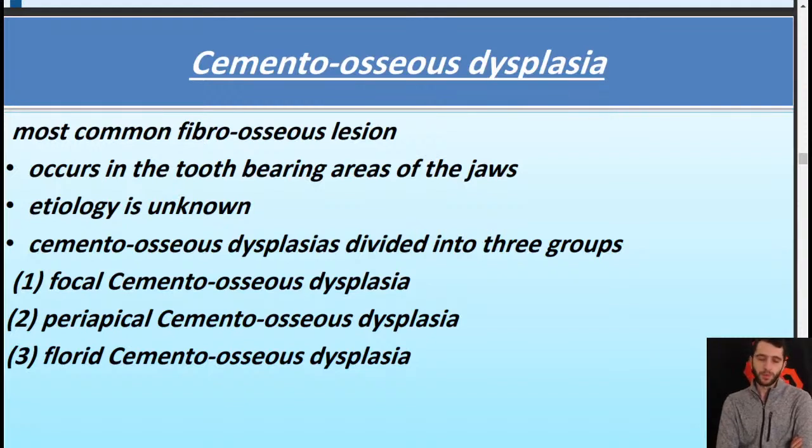Unlike fibrous dysplasia, the cemento-osseous dysplasia has an unknown reason for its initiation, while the first has a G protein encoding problem.